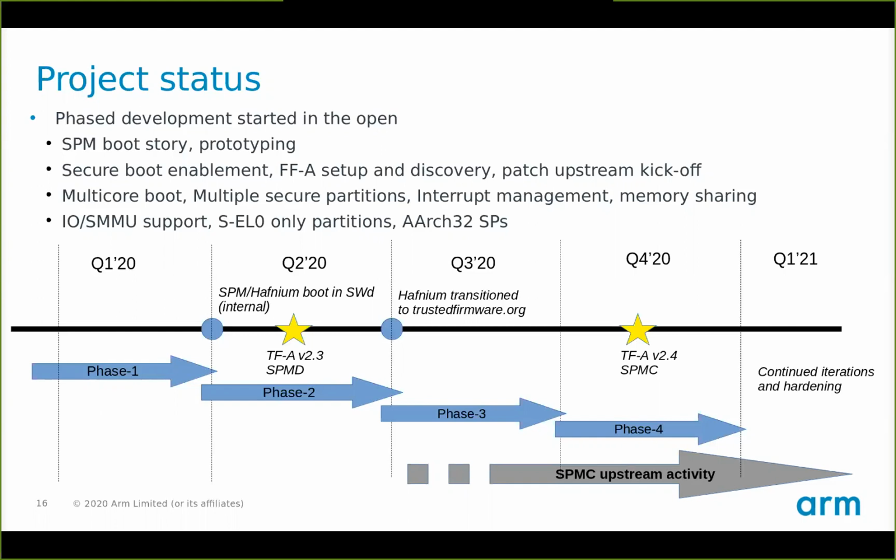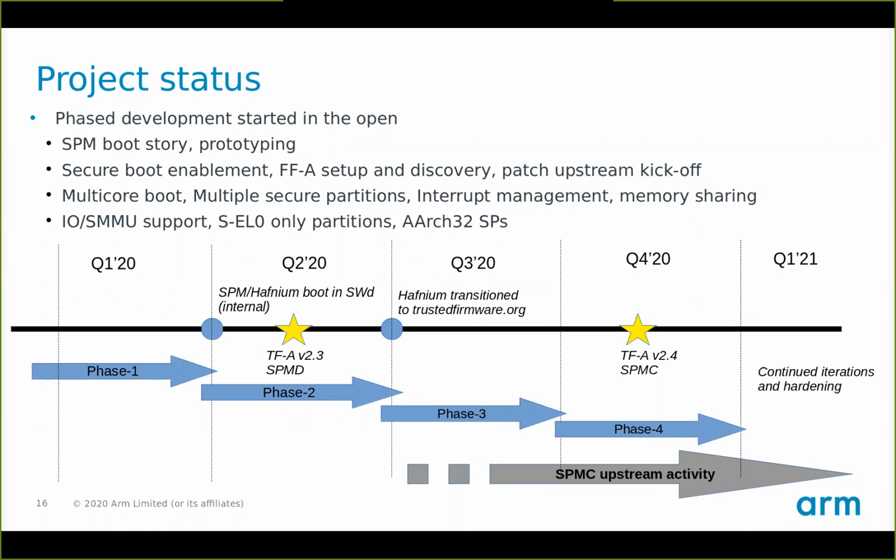And we plan another release by Q4 with a first tag for the SPMC component, so a first tag in the Hafnium repository, embracing TFA as the EL3 firmware, the TFA tests, but also Hafnium, tagged as the v2.4 release. And as shown as well, it doesn't stop here. We aim to continue the development through Q4 and Q1 next year to add features and continue the hardening.